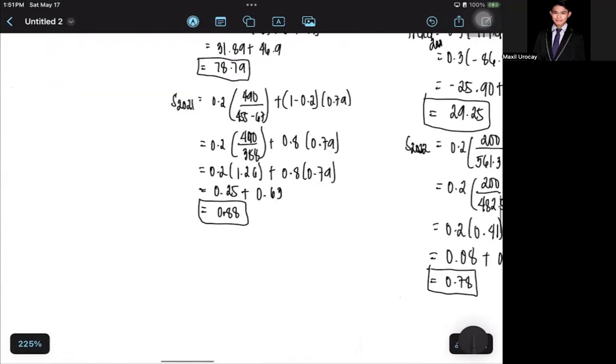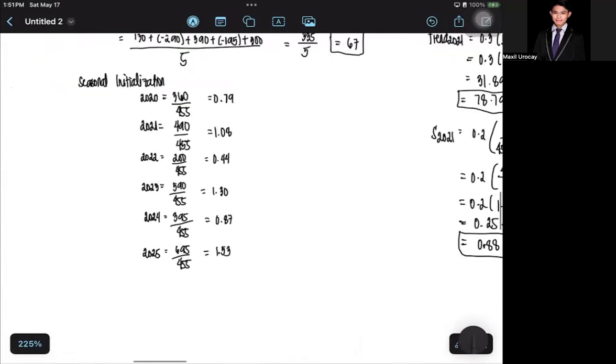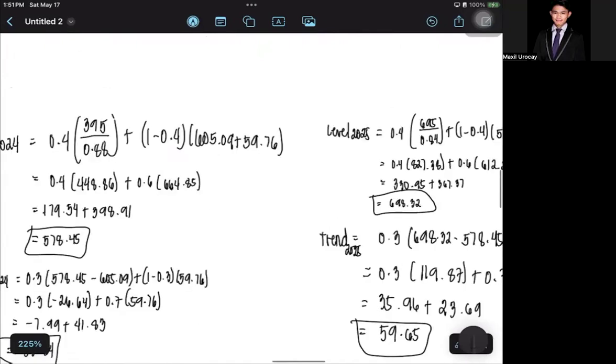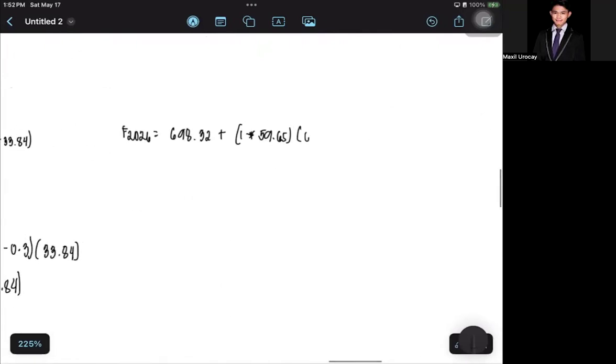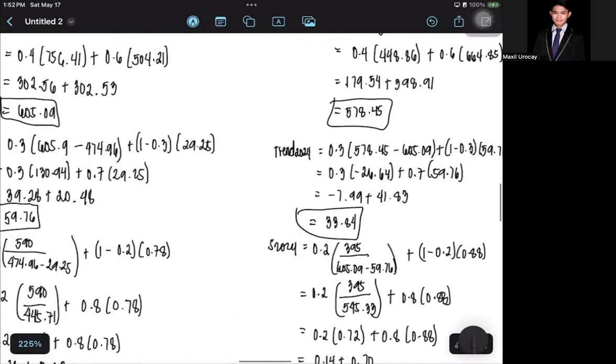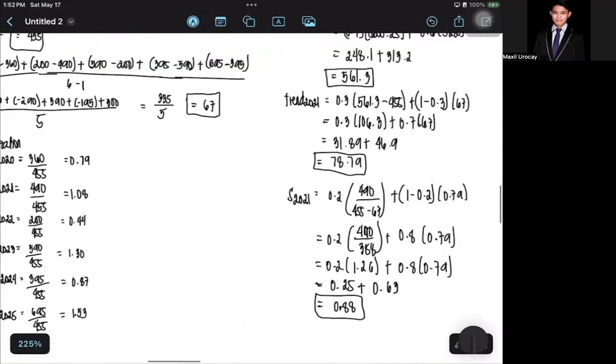The seasonality initialized earlier is 0.79 for the first year, 2020, so we'll begin to use that one.